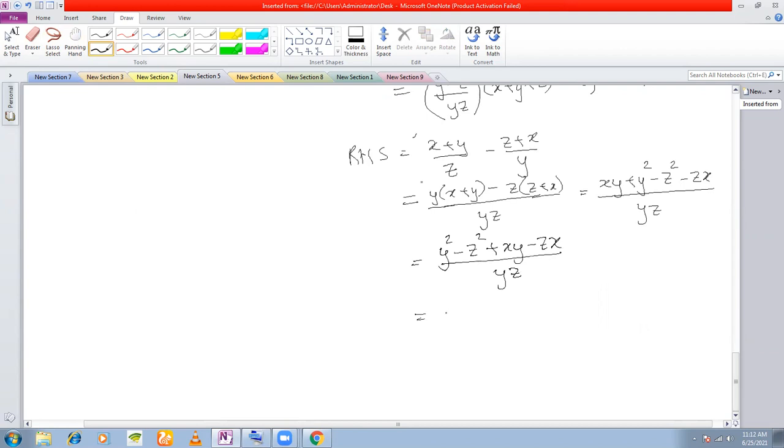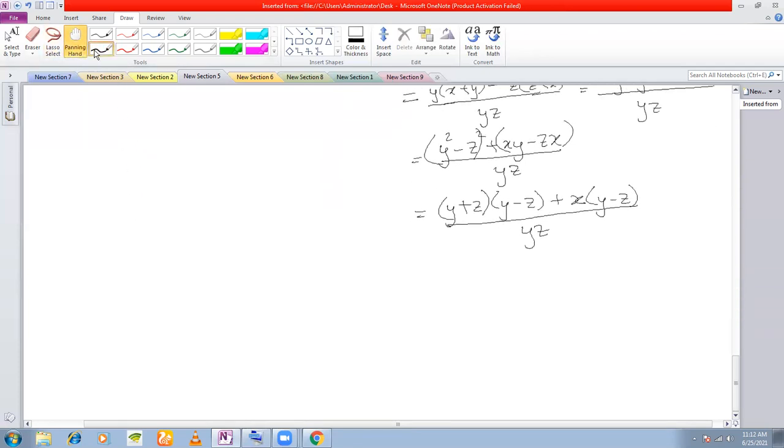Right? Now you factorize this part, just insert brackets here, (y+z)(y-z), and from the last two you can take x common, get (y-z) divided by yz.